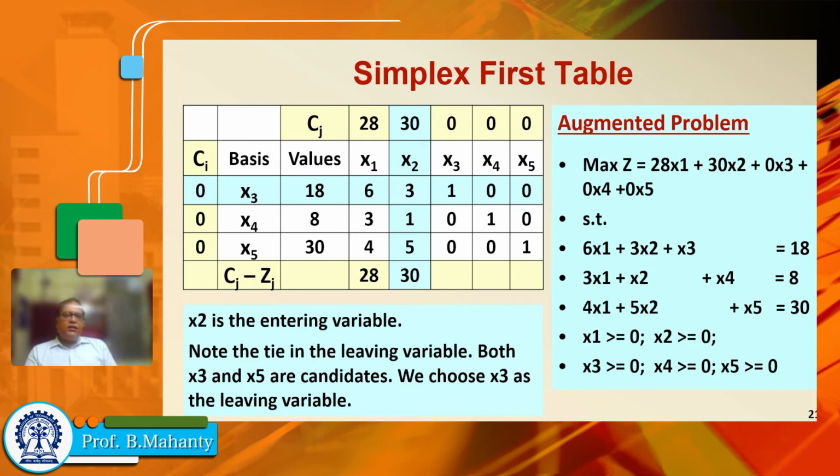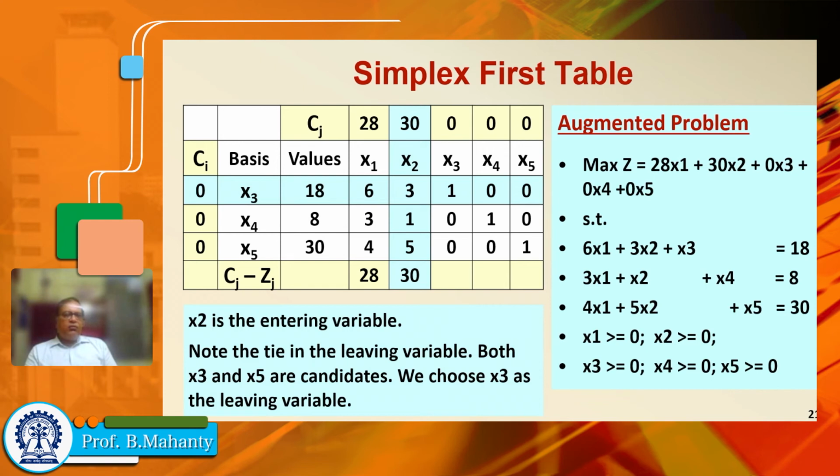And here are the Cj values 28 and 30 and 0, 0, 0. Cj minus Zj can be calculated straight away because Zj is 0, so Cj minus Zj is Cj minus 0, that means 28 and 30. The entering variable should be x2 because it has the higher Cj minus Zj.